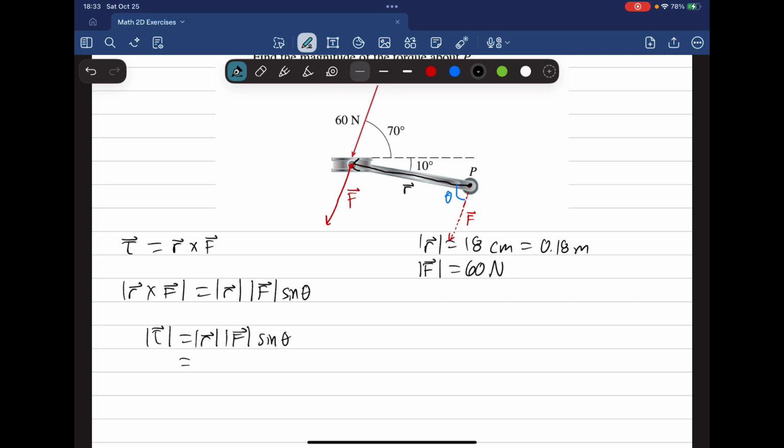Plugging in what we already know, this is 60 times 0.18 sine theta Newton meters, or if you work this out on a calculator, this is 10.8 sine theta Newton meters. And all that remains is to figure out what this angle theta is.